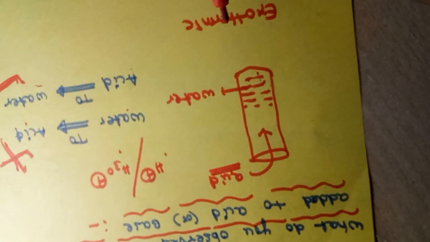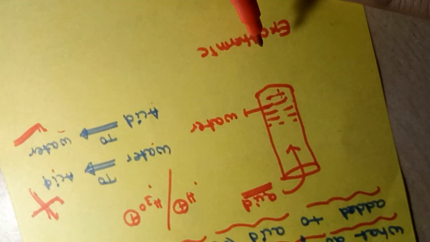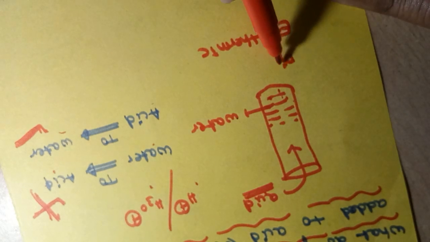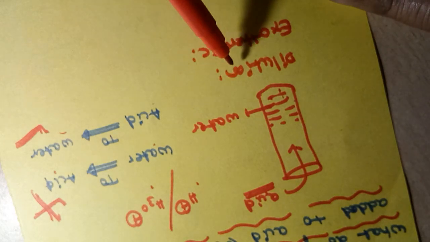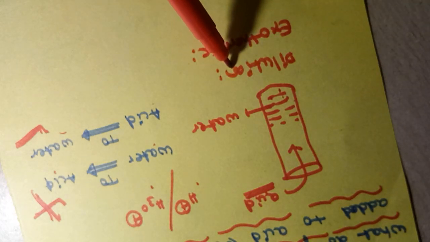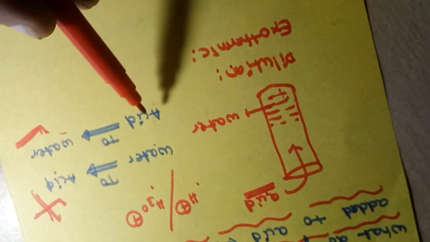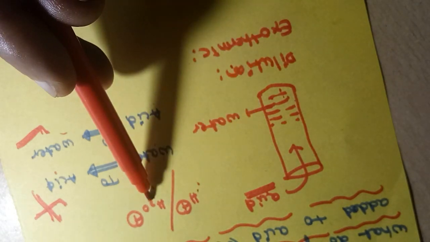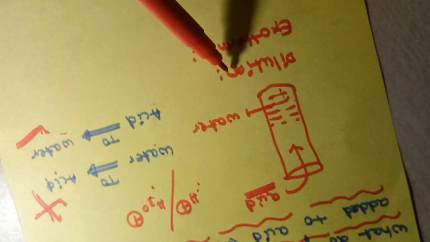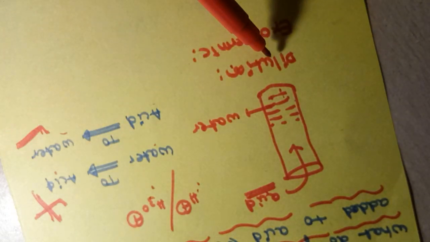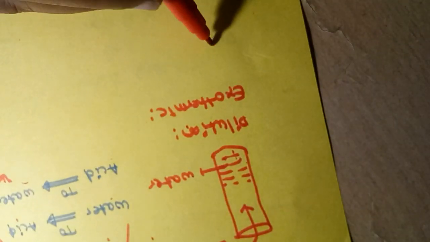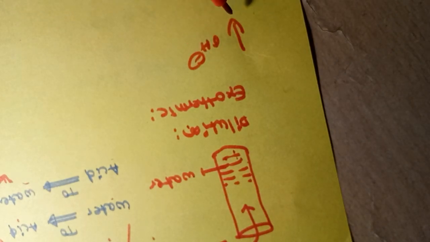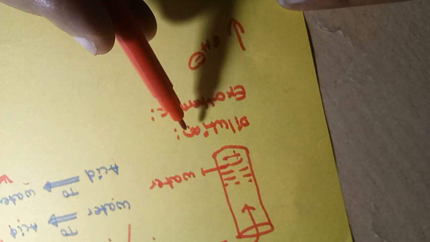So from this activity we got two terms: dilution and exothermic reaction. Dilution means addition of water, or decreasing the H3O plus or hydronium ion concentration of an acid. In the case of a base, addition of water decreasing the concentration of OH minus ions is also called the dilution process.